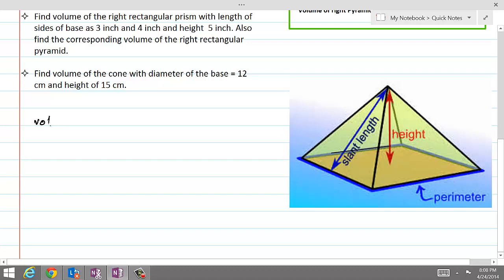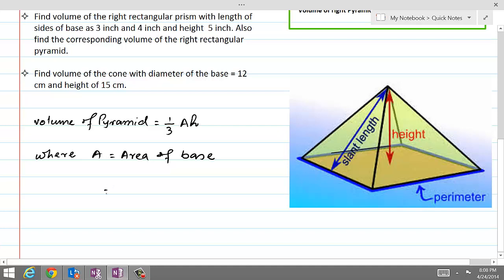Volume of pyramid is equal to 1/3 times A times H, where A is the area of the base and H is the height.